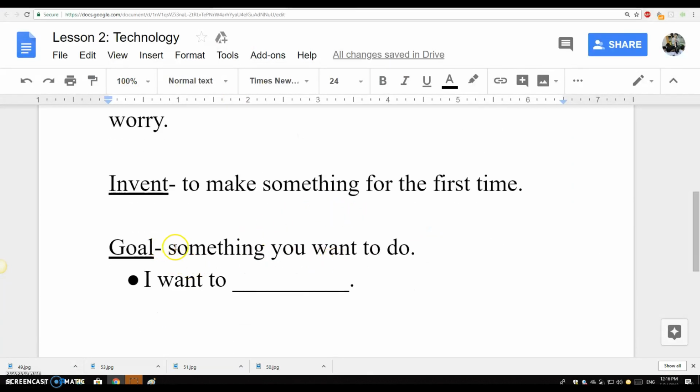A goal is something you want to do. Every goal should start with I want to, and then you can write your goal because it's something you want to do. I think everyone should have a goal. A goal is so important in life.